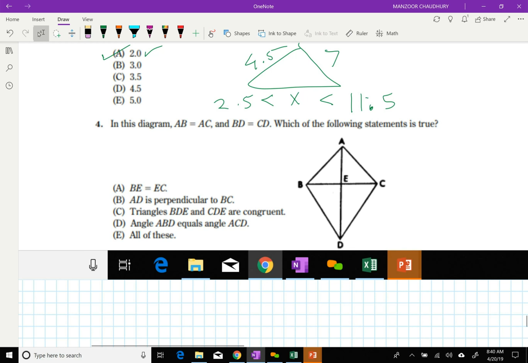BE equals EC. AD is perpendicular to BC. Triangles BDE and CDE are congruent.